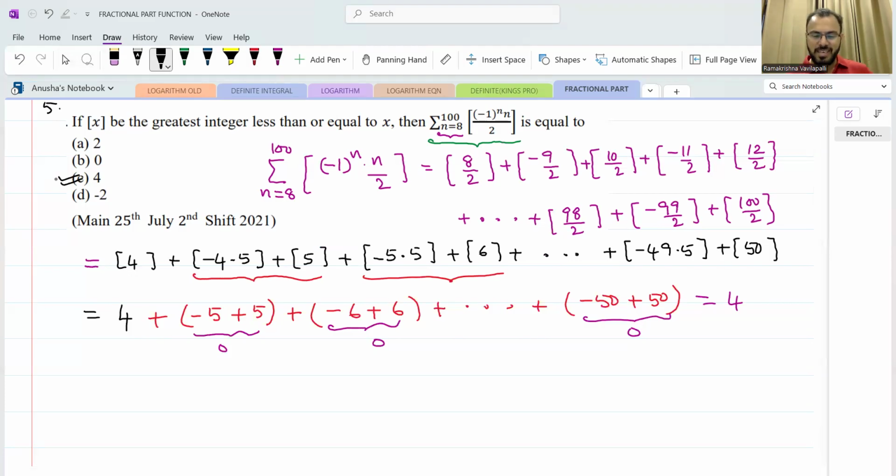What is the greatest integer function? All right.